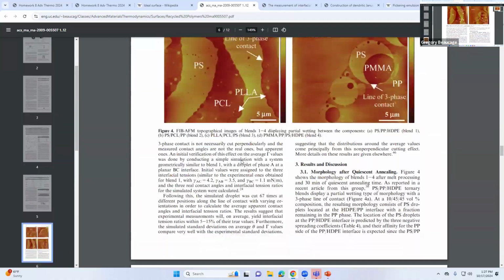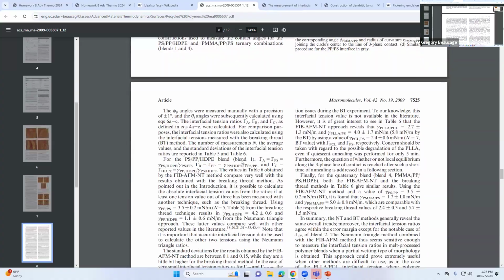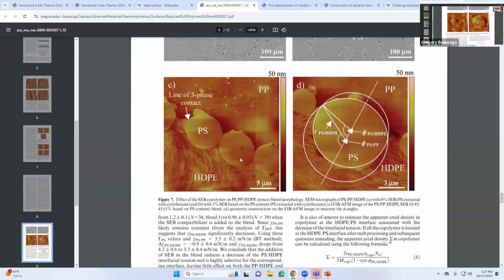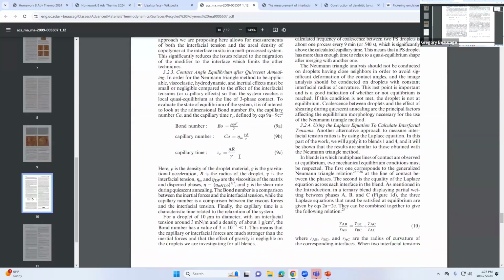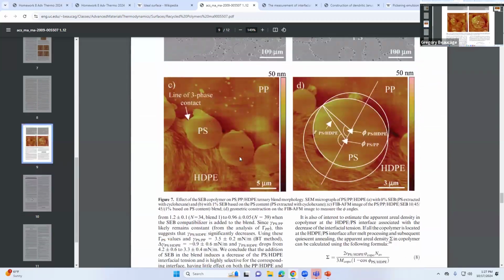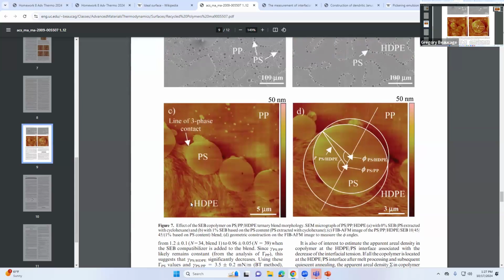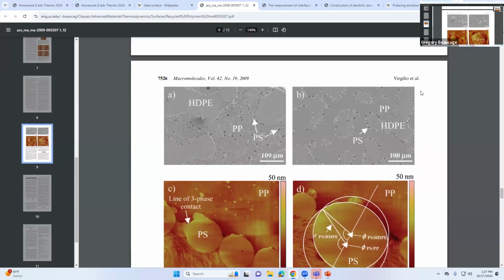It's a quaternary system at that point. It's got three polymer phases and this copolymer that he adds at 1%. So this has high density polyethylene, polystyrene and polypropylene in it, right? It's got three components, ternary, and then he adds this copolymer, which makes it quaternary. Then he explains why that works in the first picture in figure 1.